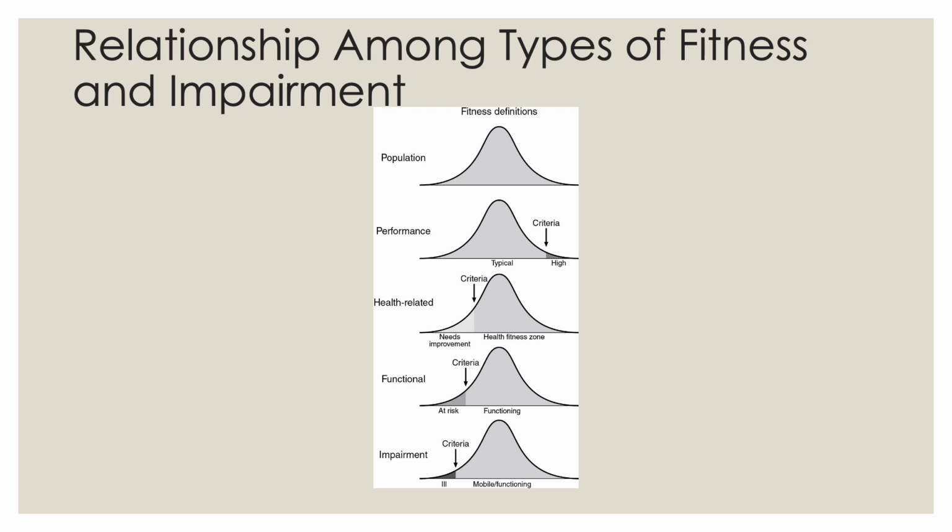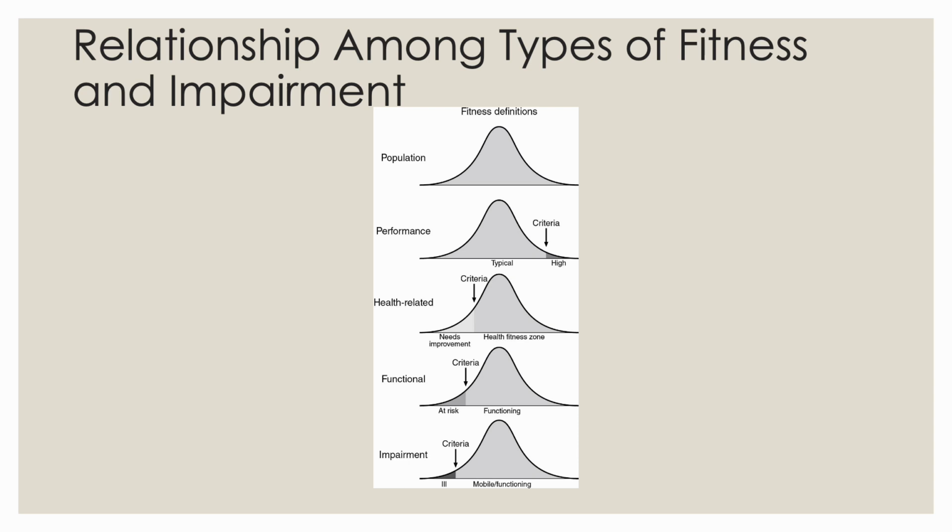As we can see there, the right tail is shaded a little bit darker for that high performance category. If we look to the next graph, we can look at the health-related tests, and we can classify these individuals as either in the health fitness zone or needs improvement. Additionally, for our functional activity, we can classify as functioning or at risk.